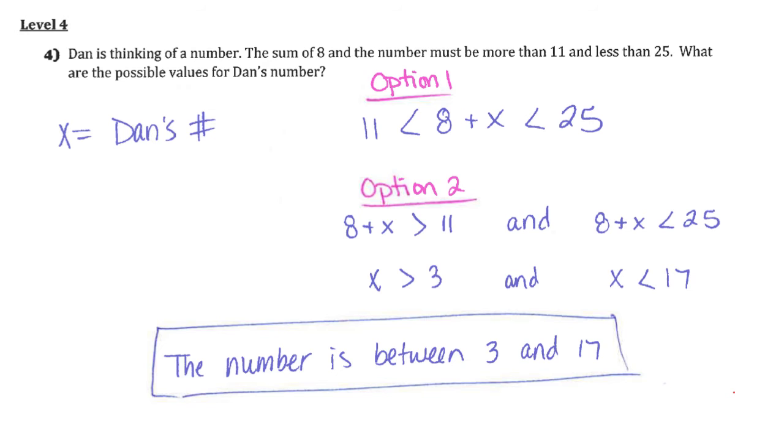So here in our fourth question, they're asking about possible values for Dan's number. So we want to start out and still define that variable, just like we did in the first three problems. Now, because it's a level four, that unique and challenging way, notice it is a compound inequality.